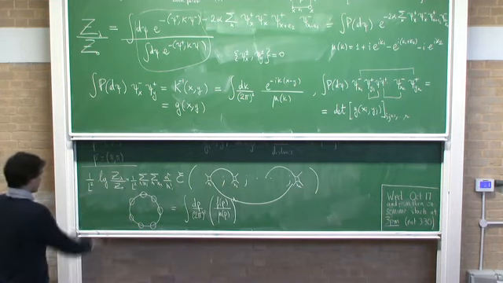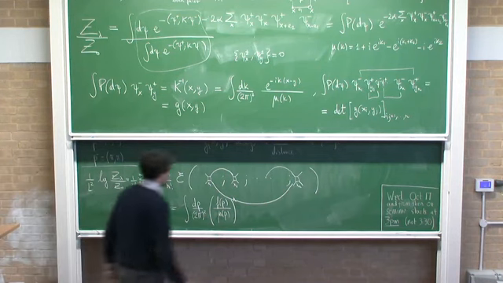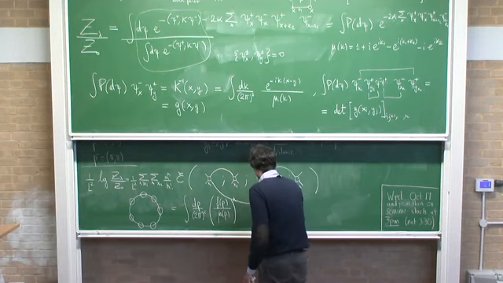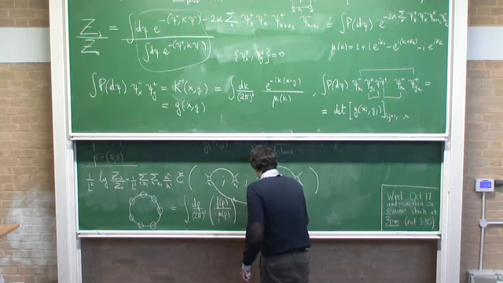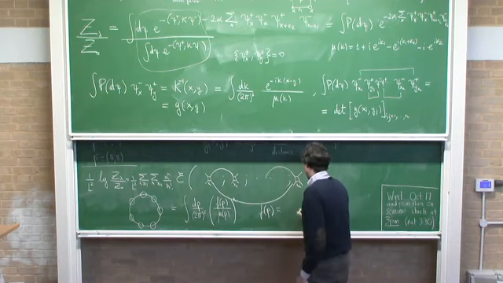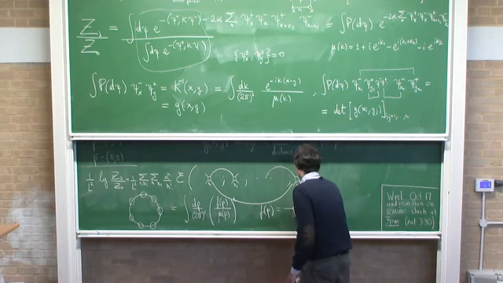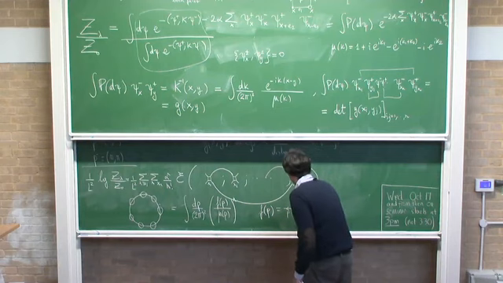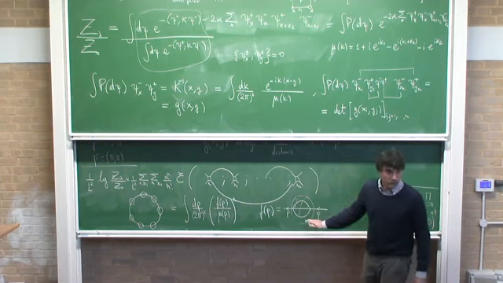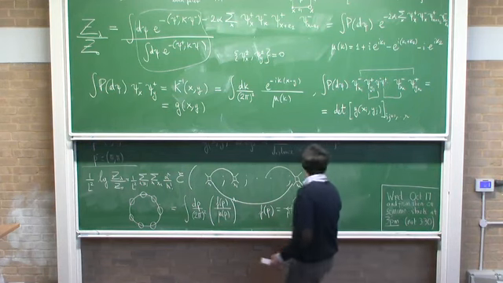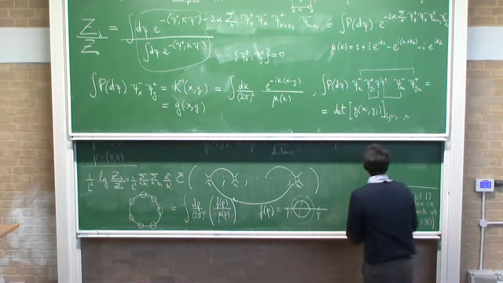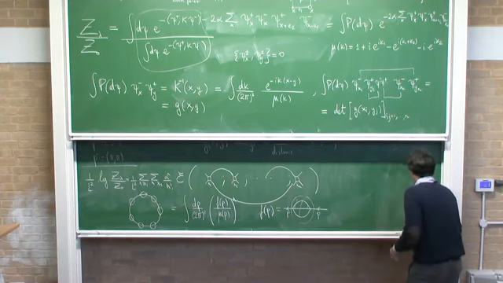So you get such a simple expression: f of p is just the Fourier transform of the value of this object here, which I can also write in a very explicit form.